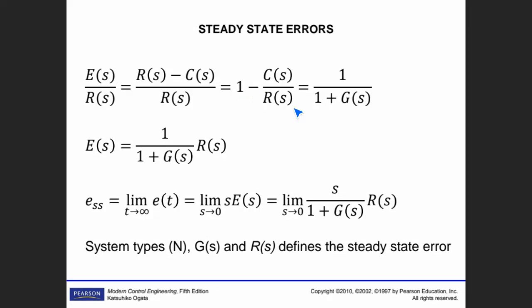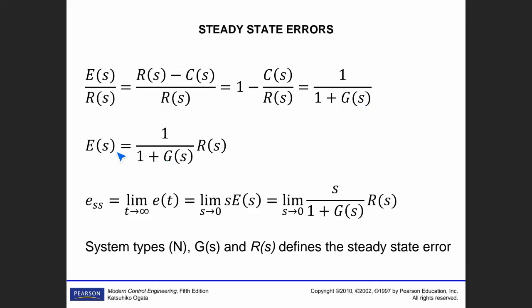C(s) over R(s) is your transfer function. So when you solve it, you are going to obtain 1 over 1 plus G(s). So as a result, E(s) error is 1 over 1 plus G(s) times R(s) for a unity feedback system, by the way.